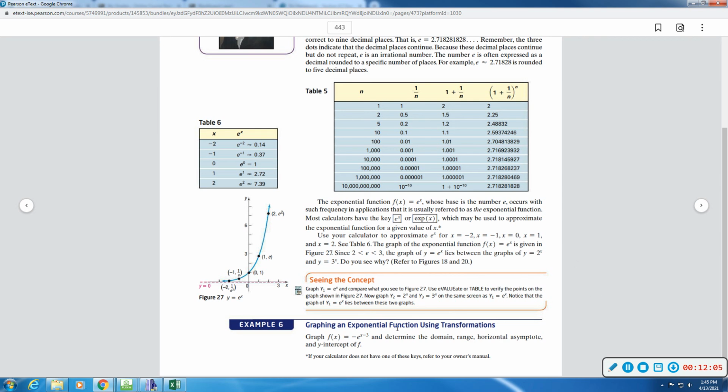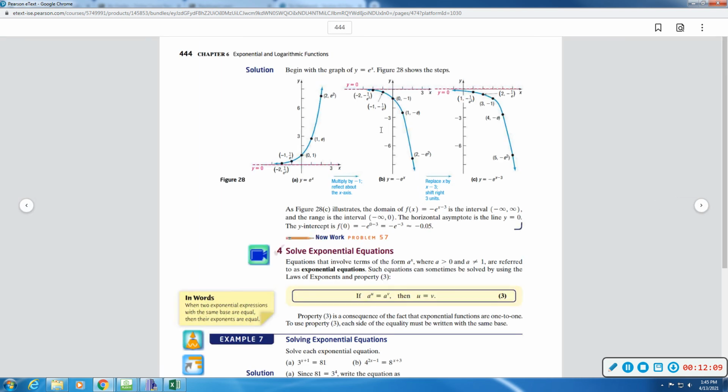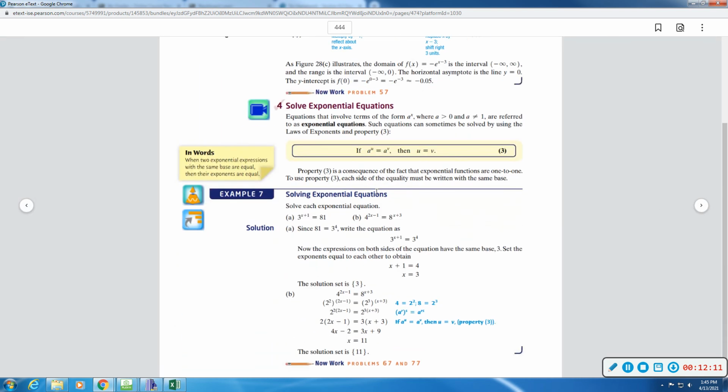Here we go, talking about transformations. That will be a part of our solving process, and then we want to solve exponential equations. So what we will do is we will try to rewrite both sides as having the same base. So I will show you how to look up a power table. But we have 3 raised to the x plus 1, and then they have that equal 81.